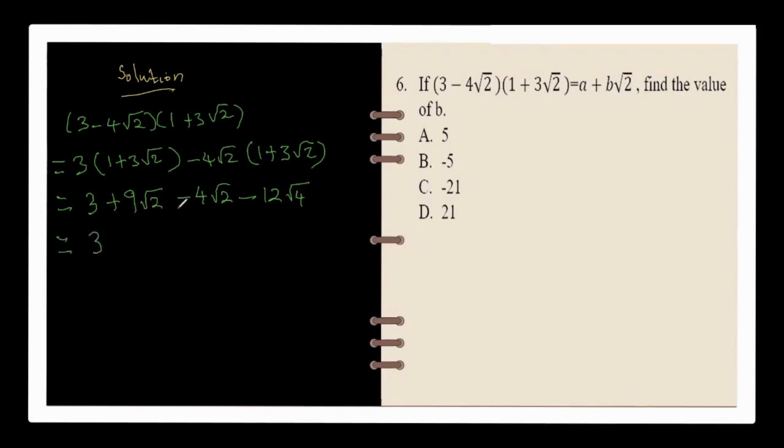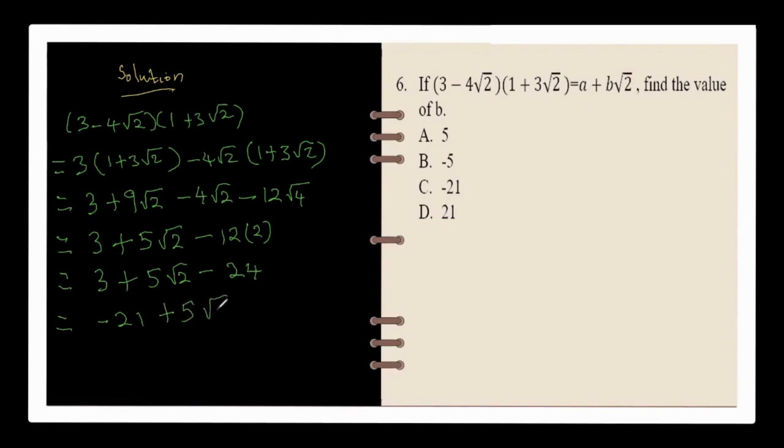Here, 9 root 2 minus 4 root 2 will give us 5 root 2. Then minus 12, of course, root 4 is 2. Square root of 4 is 2. So we have 3 plus 5 root 2, then minus 24. 12 times 2 is 24. So this gives us 3 minus 24 is minus 21 plus 5 root 2.